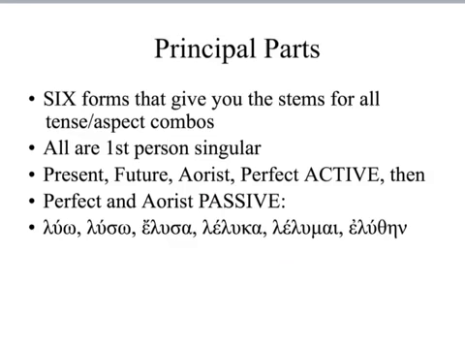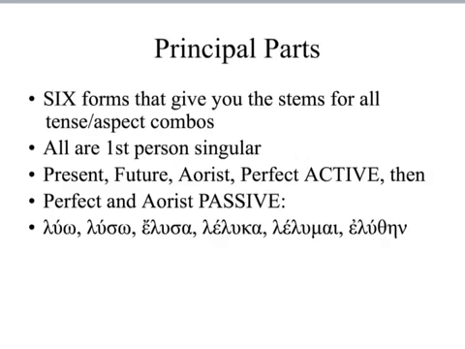Finally, another delightful feature of the Greek verb is that as you learn each one, the dictionary will give you 6 principal parts. These are 6 forms that give you all the stems that you need to know to formulate all of the different ways of expressing a finite verb. They give you all the tense aspect combinations. Each of the 6 principal parts will be the first person singular.